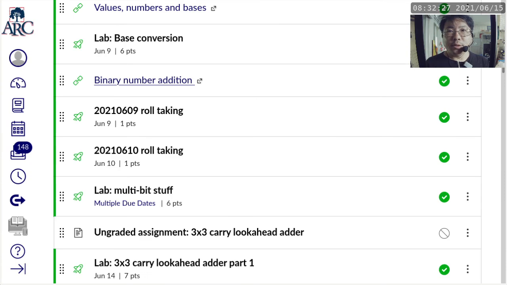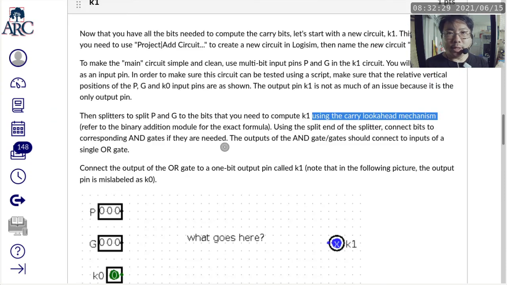In other words, when I created this lab, I was expecting people to understand the concept of a splitter, the concept of a multi-bit wire, the concept of a multi-bit input pin, and the concept of single bit gates versus multi-bit gates from the lab from last week.